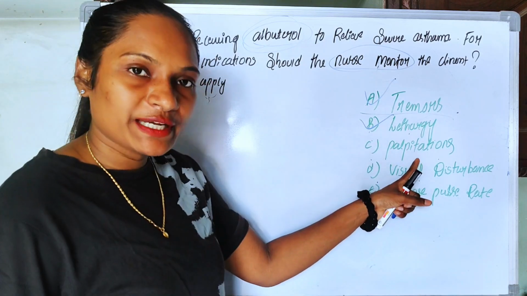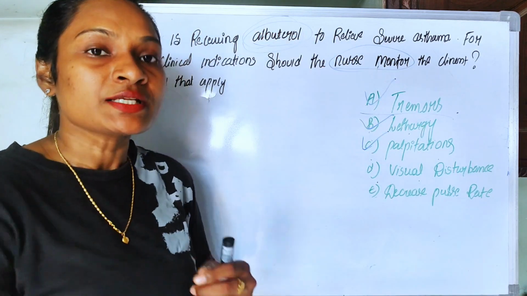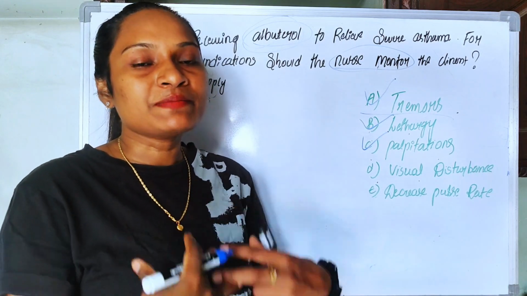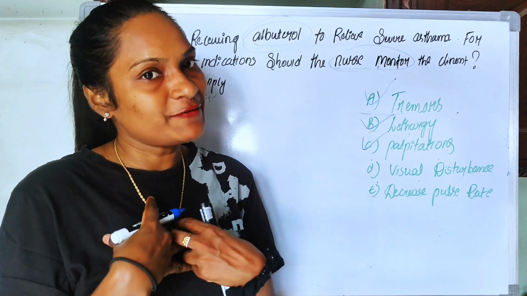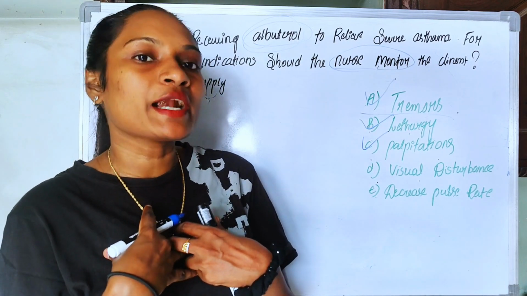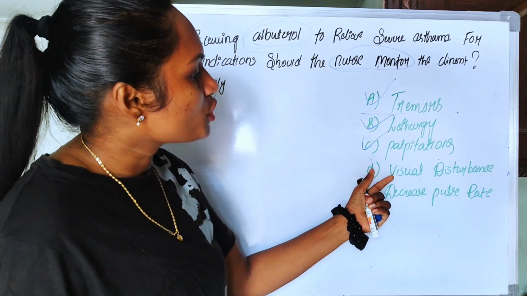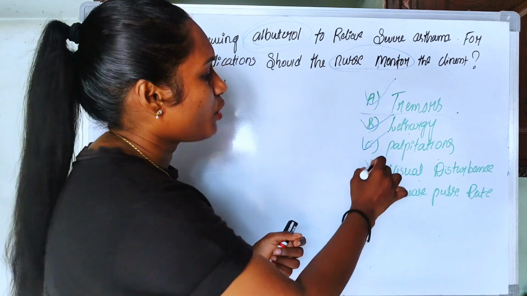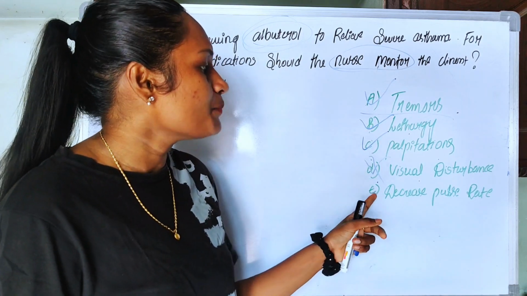Option C, palpitations, yes. Albuterol causes palpitations. What do palpitations mean? The patient himself can identify the heartbeat. Himself he can recognize that heartbeat. That is called palpitations. And option D, visual disturbance. No, albuterol won't cause visual disturbance. So option D is also a wrong answer.